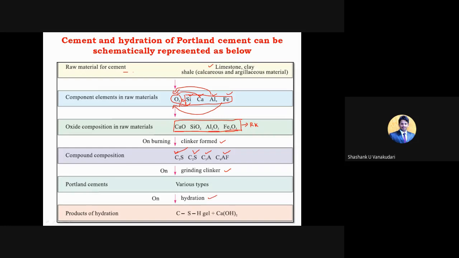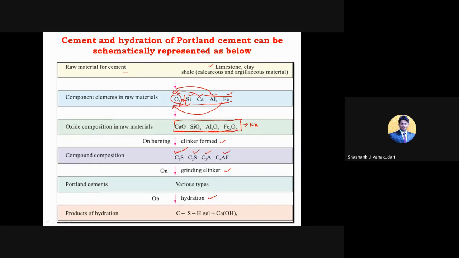Now the hydration process. Hydration is nothing but when any material reacts with water. So in the cement hydration process, once the cement is added with water, the hydration process starts.